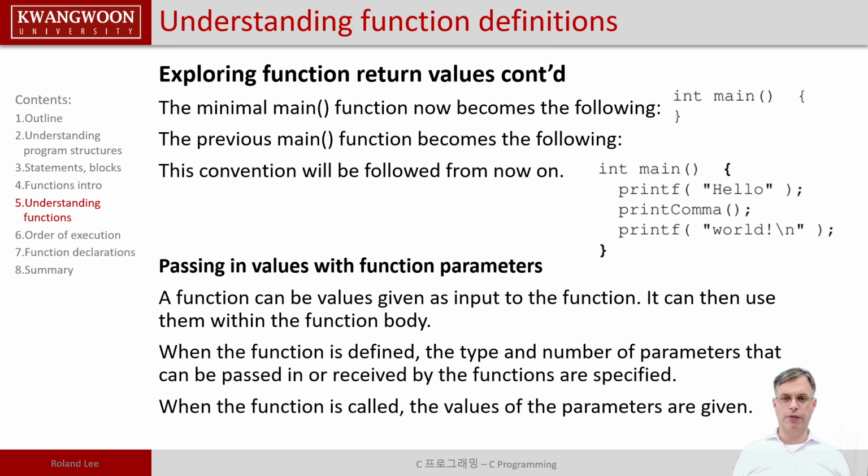When the function is defined, the type and the number of parameters that can be passed in or received by the function are specified. When the function is called, the values of the parameters are given. The function call parameters must match the type and number of parameters specified.